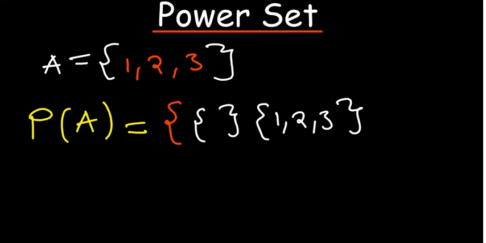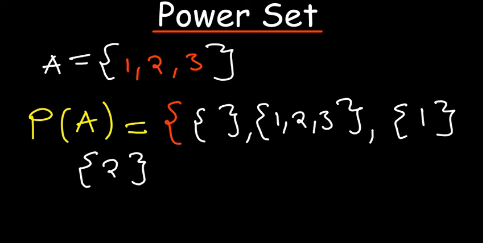By the way, the order doesn't matter. You put commas to separate these subsets. The other subsets: we said {1} is a subset, {2}, {3}. There's no 4.